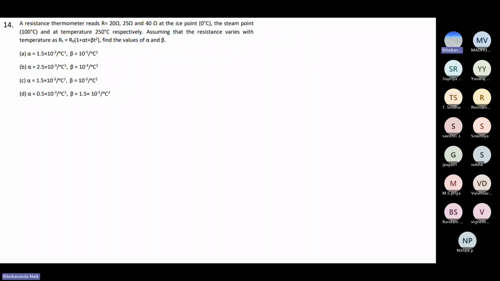As we have been discussing, the resistance of a substance depends upon temperature. So the resistance at a particular temperature T is given as R0 into 1 plus alpha T plus beta T squared.